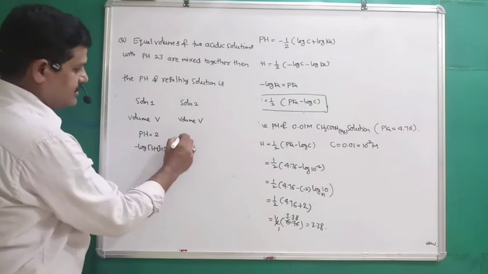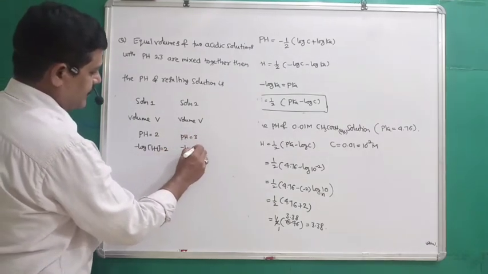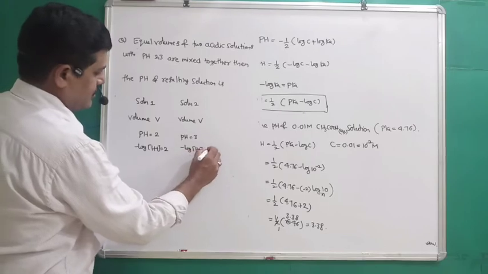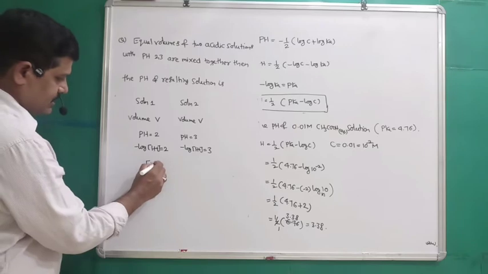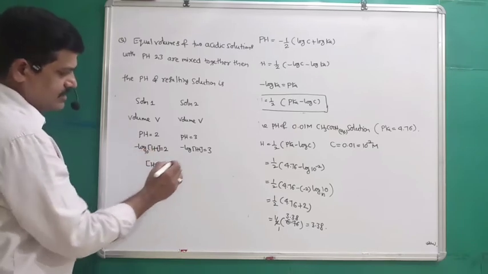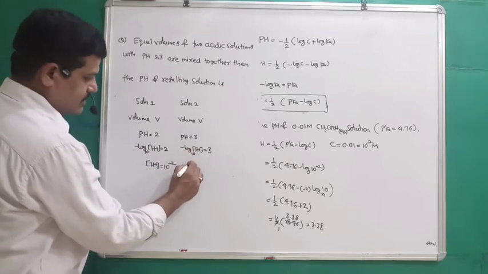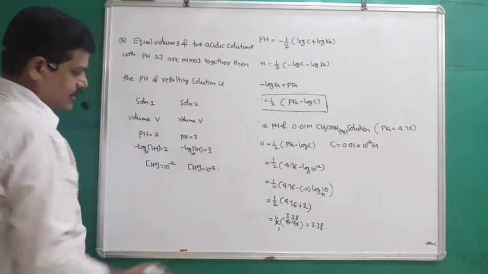Similarly for the second solution, pH is equal to 3, minus log of H plus is equal to 3, right? So from this we can write H plus is equal to 10 power minus 2, because here the base is 10. Similarly for this we can write H plus is equal to 10 power minus 3, right?